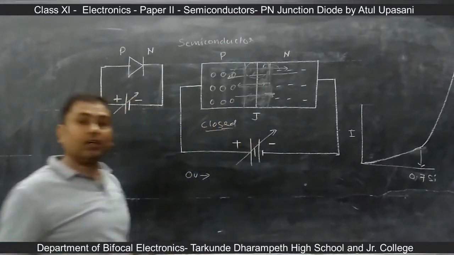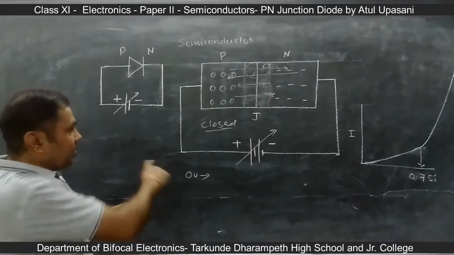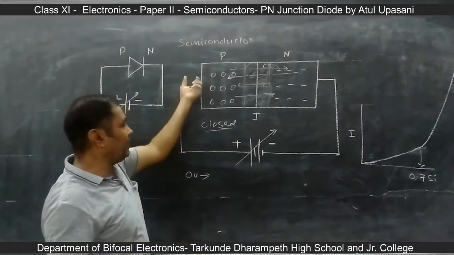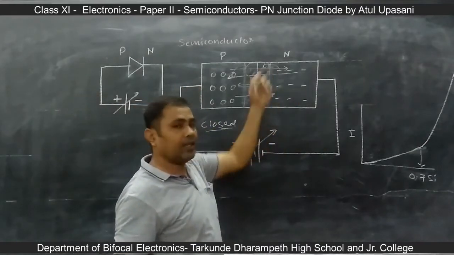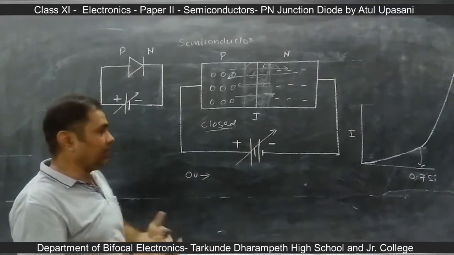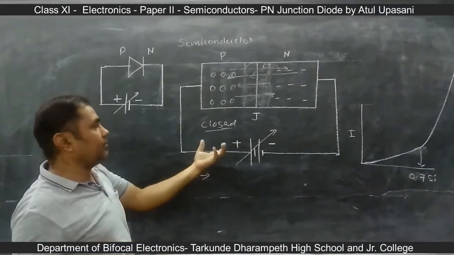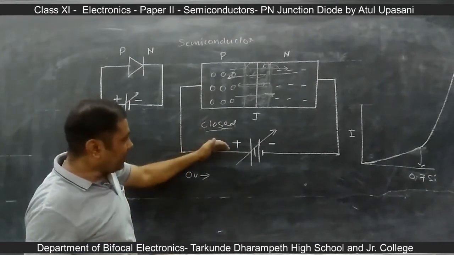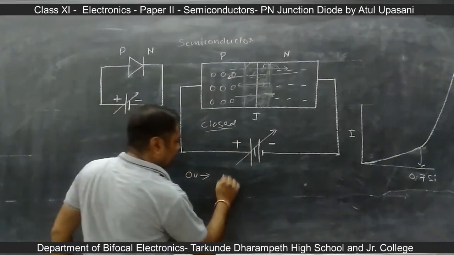It will act as a closed switch. This type of configuration, positive terminal to the P side and negative terminal to the N side, is called biasing, and biasing is nothing but the connection format. And this connection is called forward biasing.